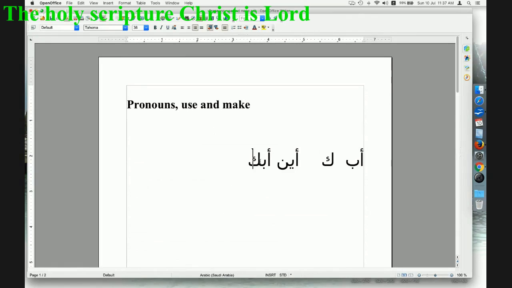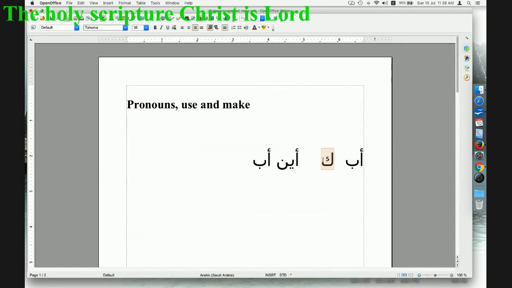The word ab by itself, as we said, this is how it is. So later we will learn that the letter ka is something we add at the end of any name, and that will make it belong to him.